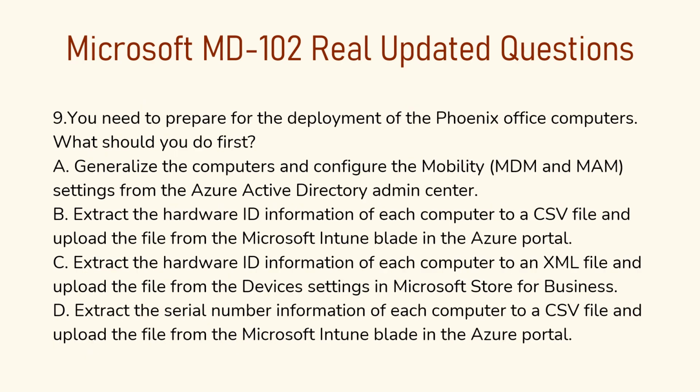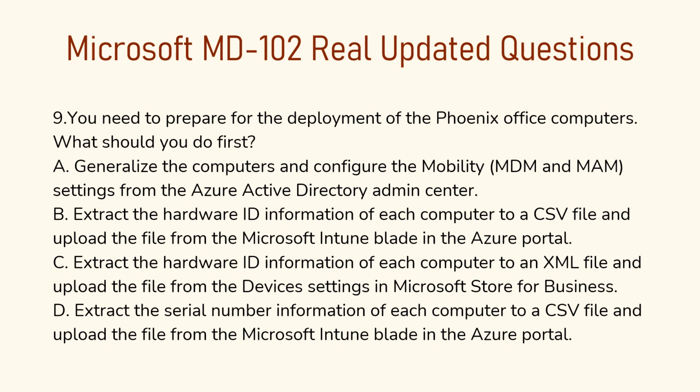9. You need to prepare for the deployment of the Phoenix Office computers. What should you do first? A. Generalize the computers and configure the mobility, MDM and MAM, settings from the Azure Active Directory Admin Center. B. Extract the hardware ID information of each computer to a CSV file and upload the file from the Microsoft Intune Blade in the Azure portal.